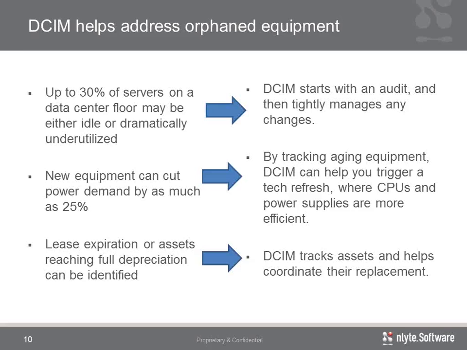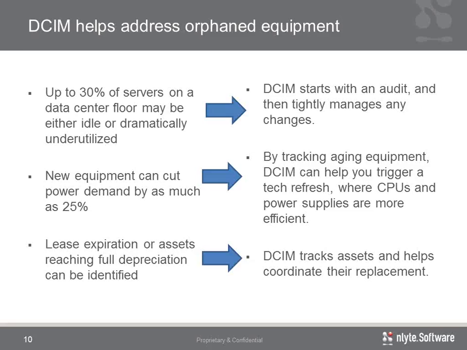One of the drivers of doing a tech refresh is lease expiration and/or assets reaching full depreciation. So you need to know what your lease expiration dates are. You need to know when your assets will be fully depreciated. This way you start avoiding the costs associated with lease extensions, going month to month with premiums, or having to worry about warranty expirations.